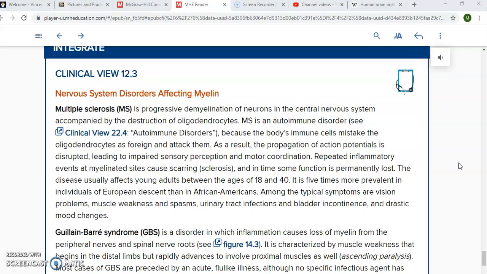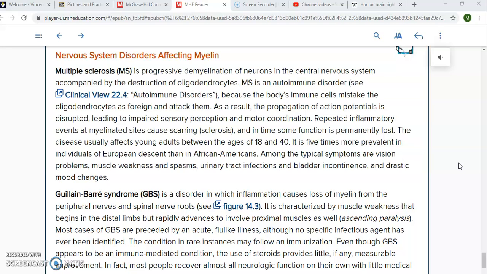With this disorder, it's an autoimmune disease where the immune cells get a little bit confused and look at oligodendrocytes as something that shouldn't be in the body, something foreign. They make antibodies against them and mark them for destruction. Those oligodendrocytes are destroyed, and the myelin sheath is destroyed too.